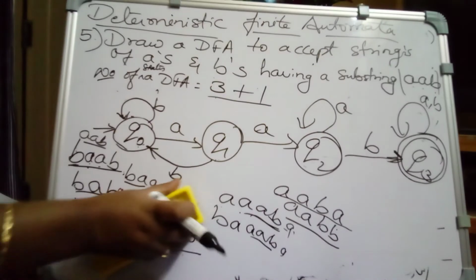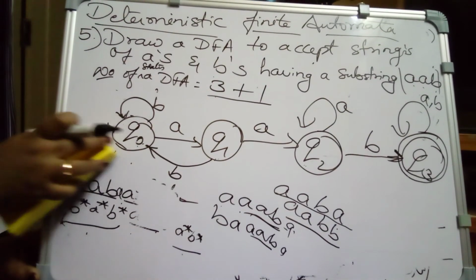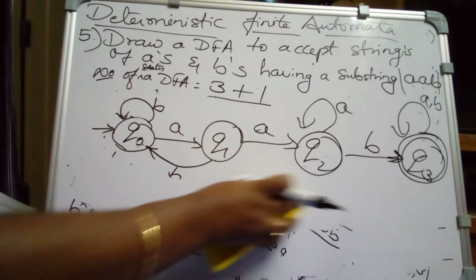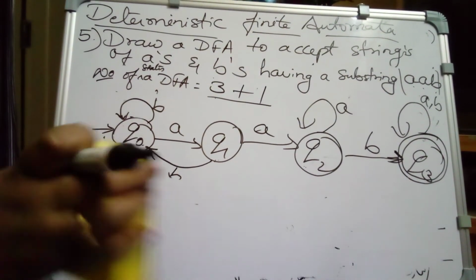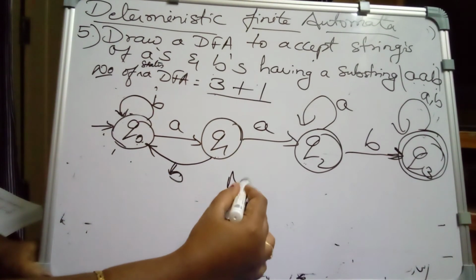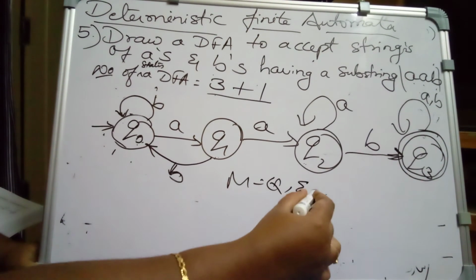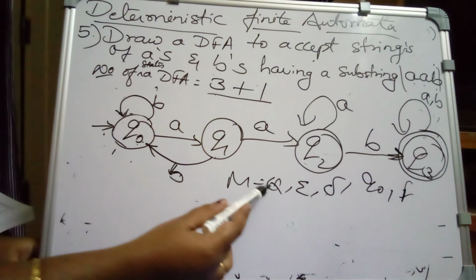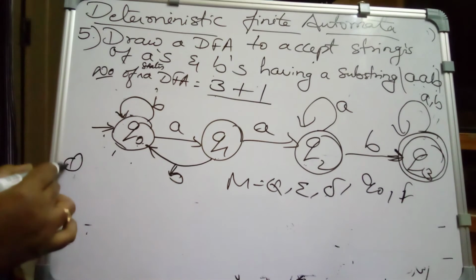So finally I wrote my DFA, how my DFA should look. Now we write the machine M. So M equal to Q, sigma, delta, Q naught, F. Q is the set of states of the automata.